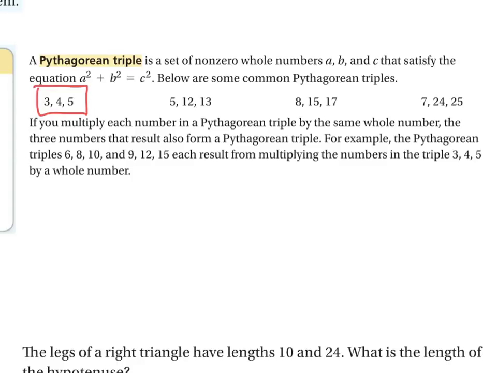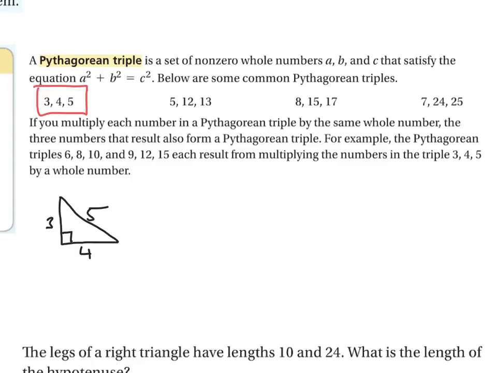What does it mean? What it means is that if I have a right triangle where one leg is 3 and one leg is 4, then I know the hypotenuse is going to be 5. Okay?